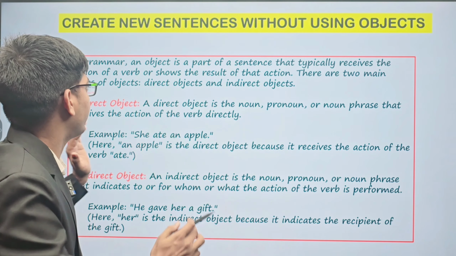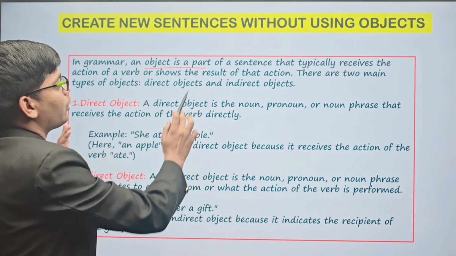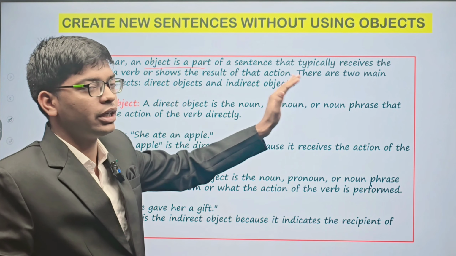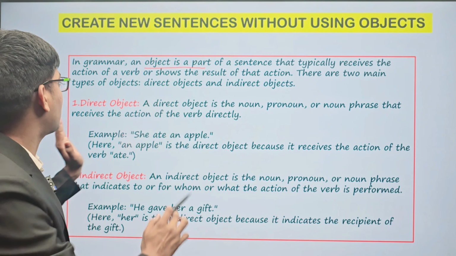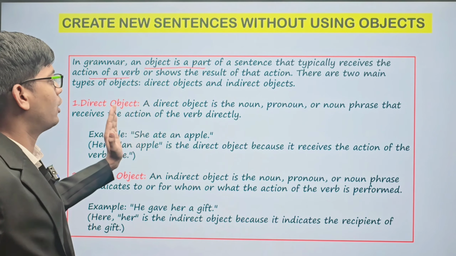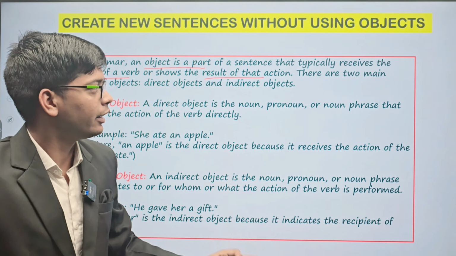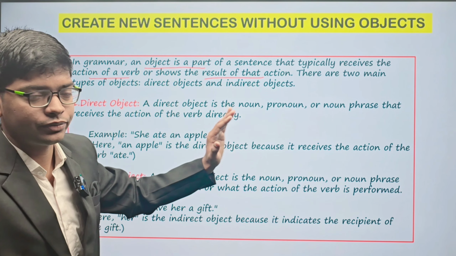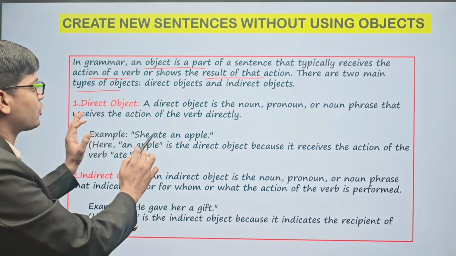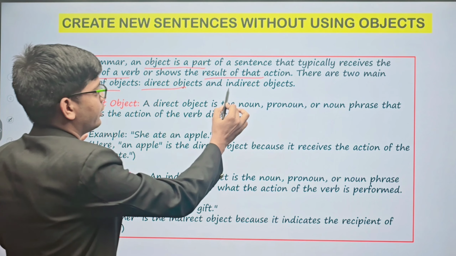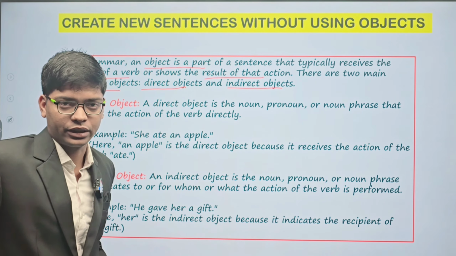An object is a part of a sentence that typically receives the action of a verb or shows the result of that action. There are two main types of object: first is direct object and then indirect object.